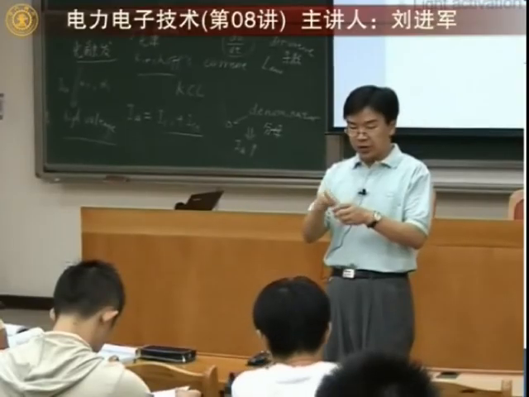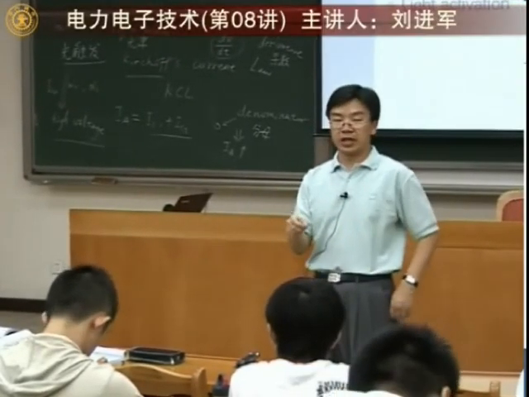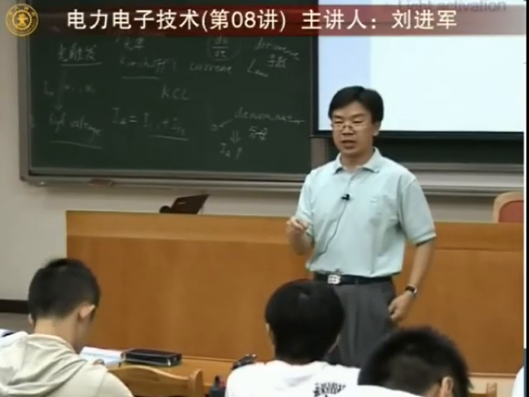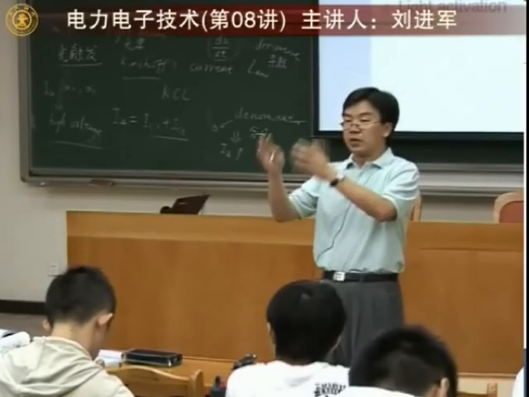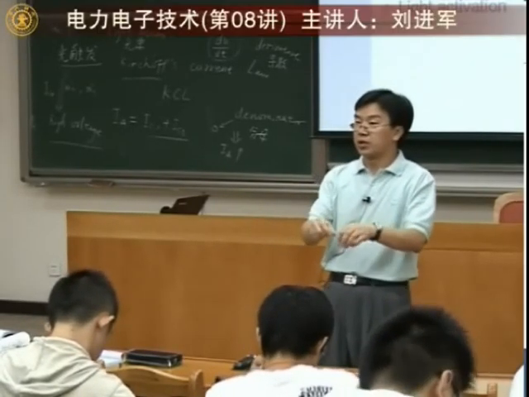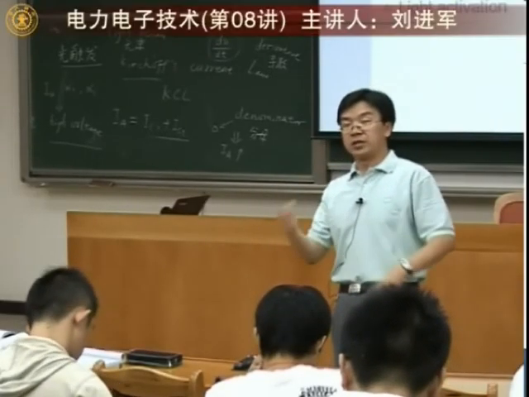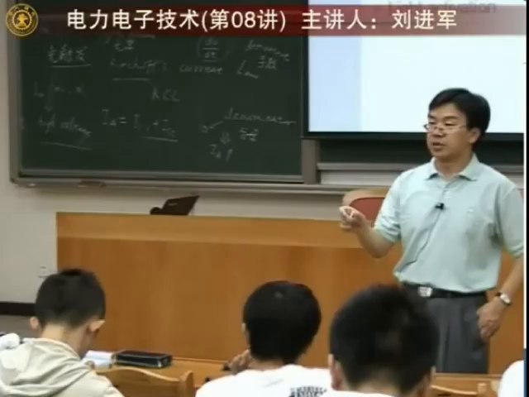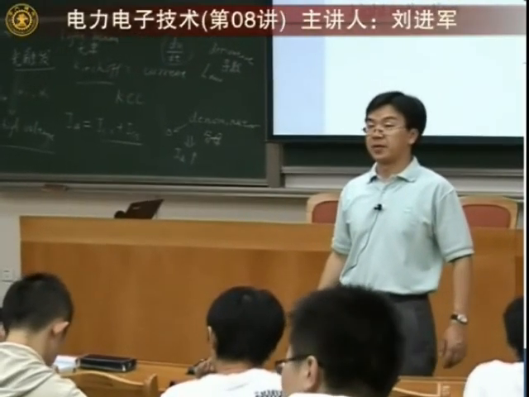Therefore, between the control circuit and power circuit, we usually need electric isolation. Otherwise, the high voltage and large current flowing through the main circuit might destroy the control circuit components. So usually we need isolation between control circuit and main circuit.